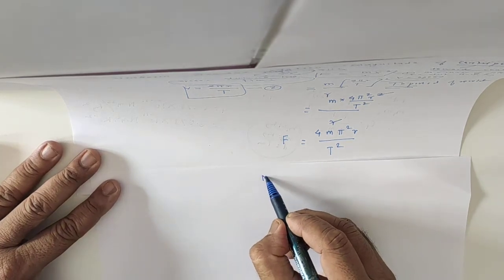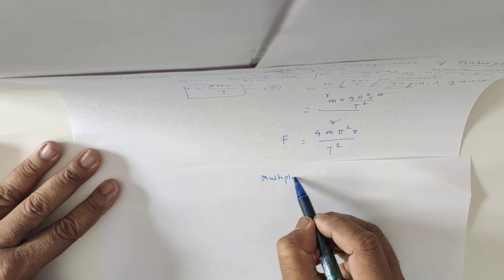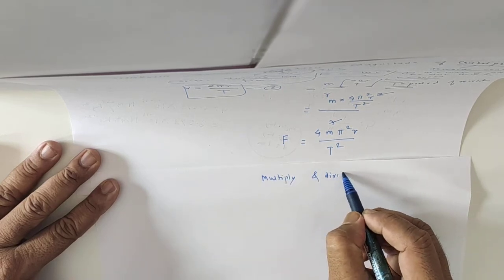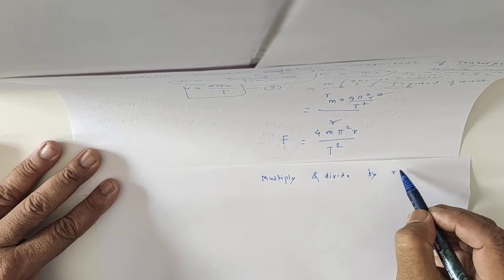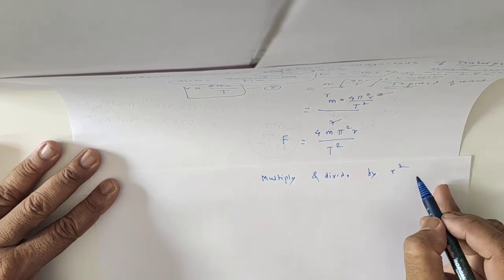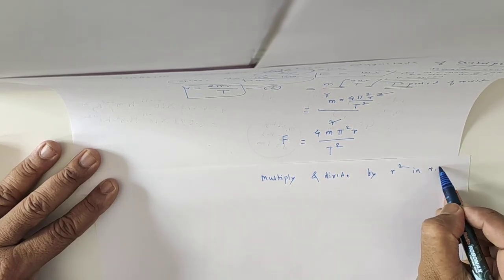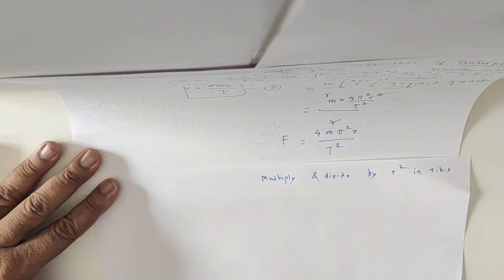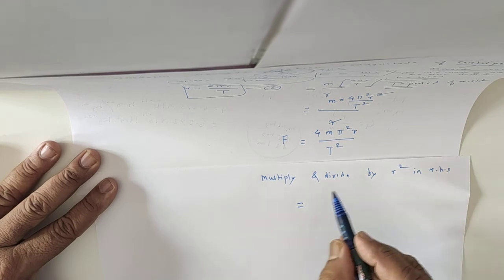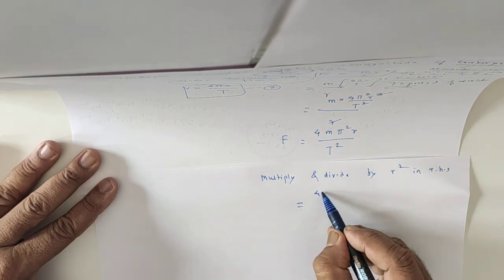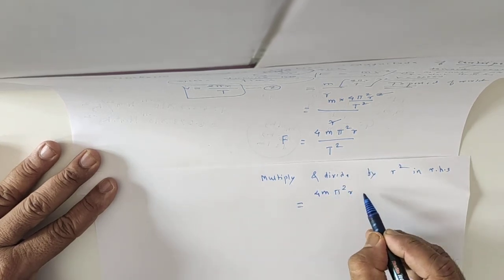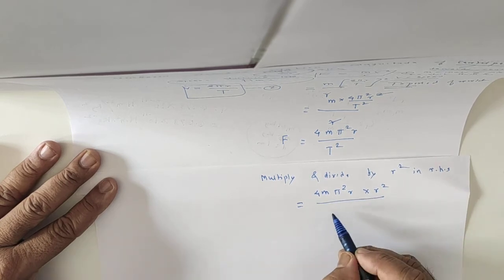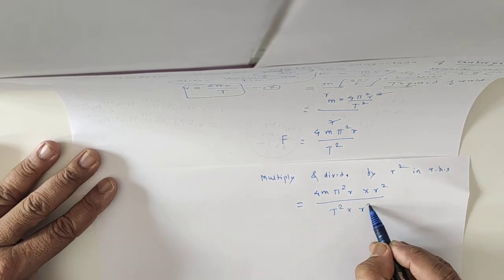Here multiply and divide by r square on the right hand side, for our convenience, because we want to use Kepler's law. Therefore, we multiply and divide 4 m pi square r by r square, and T square by r square.